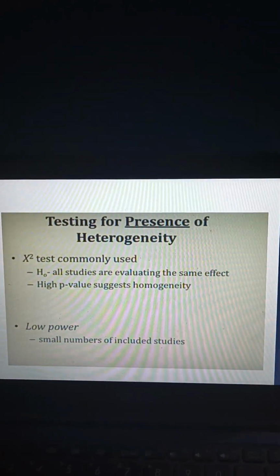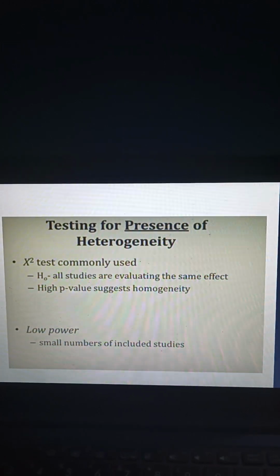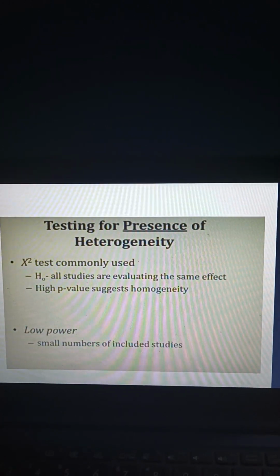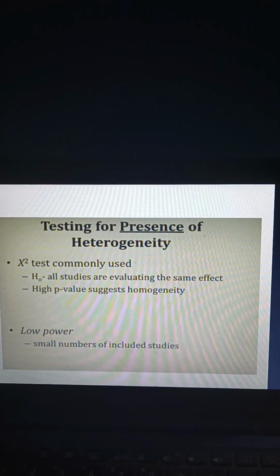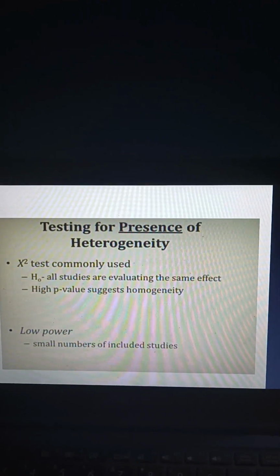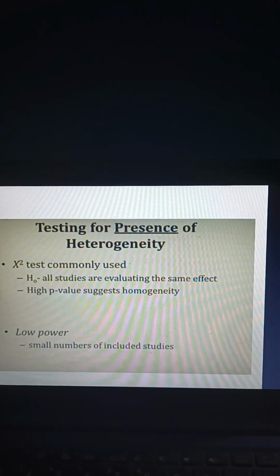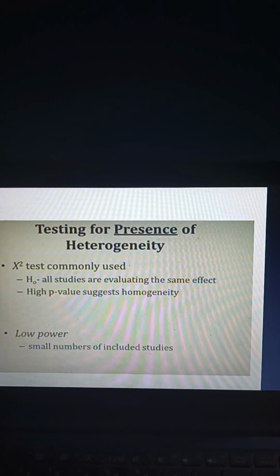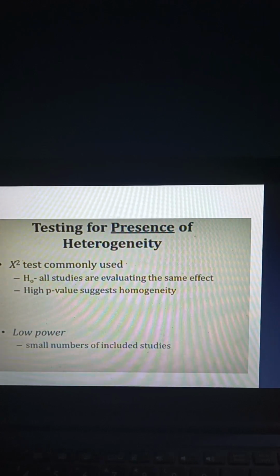Then, testing for the presence of heterogeneity. The chi-square test is commonly used to find out heterogeneity. H0 means the null hypothesis: all studies are evaluating the same effect. A high p-value suggests homogeneity. A small number of included studies means low power.